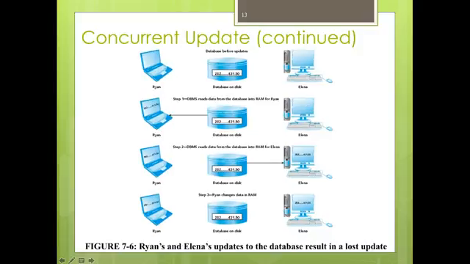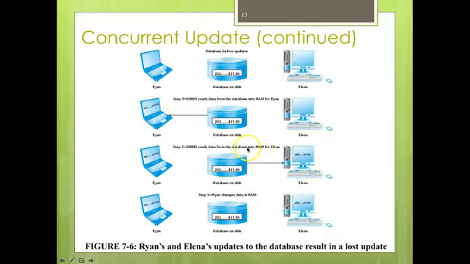So here's the problem that we have. When we have a record that gets updated and two different people are trying to do it at the same time, then we run into a problem. Let's say Ryan is trying to add $100 to this account. Ryan says, hey, what is the balance? And the system sends back $431.50. Before Ryan can do anything to update this, Elena also asks the database, hey, what's the balance? It says $431.50.